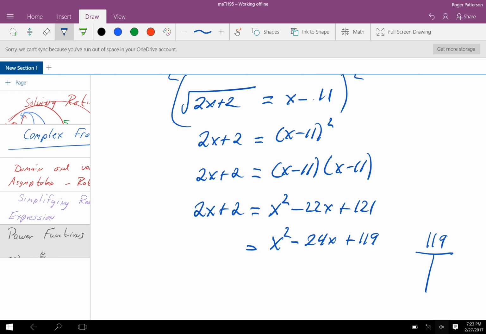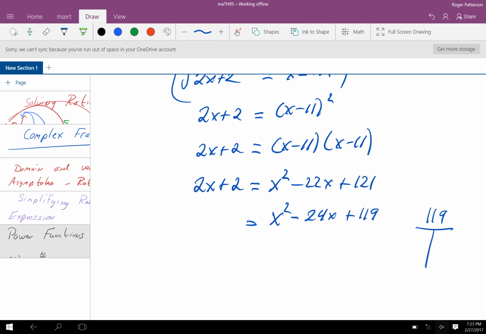Nothing goes into 119? Could you solve that with quadratics? Shoot, I could have made up one as nice as this one. I don't see anything that goes into 119, but I don't see anything I did wrong. I just checked the problem. I wrote it down right.